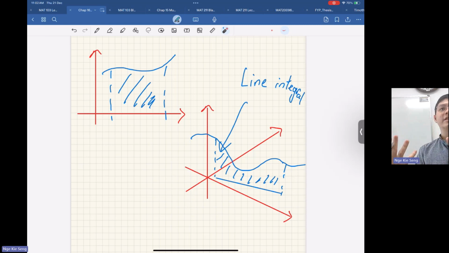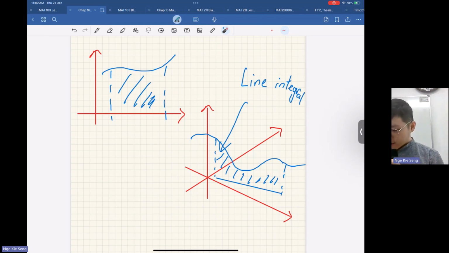How to do this line integral? First of all, line integral here in calculus 1, there is only one variable you need to integrate over. So can you describe the curve using one variable or not? That's the parametric equation. You use the parametric equation to turn this curve into a one variable thing.